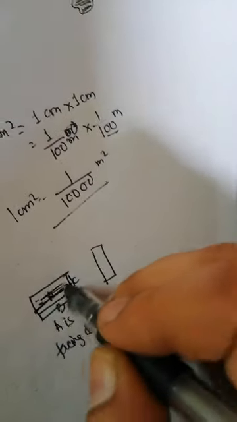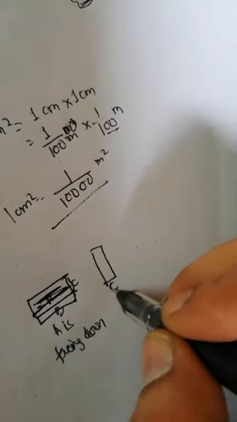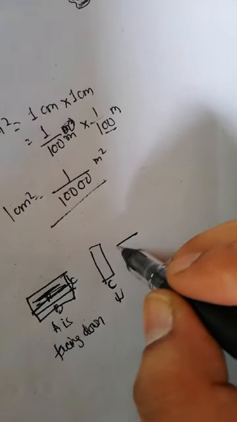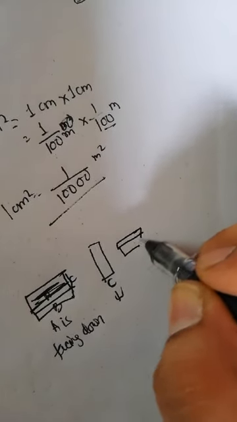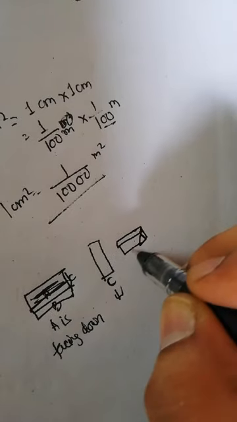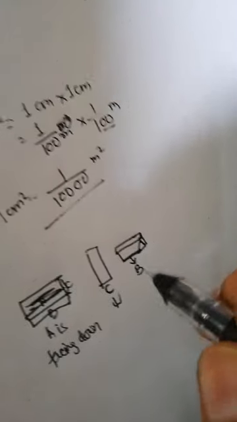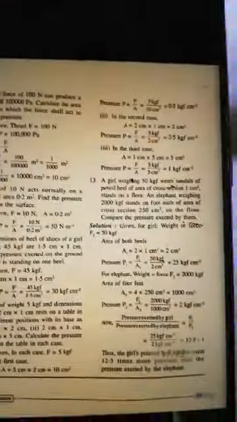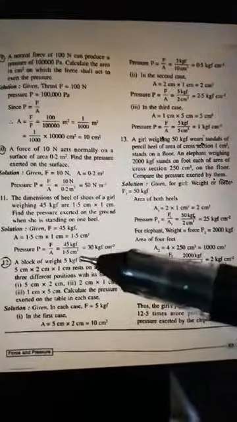That means this portion is, now here the C portion is downward. Now here the B portion. So each time you have to check which portion is making more pressure.